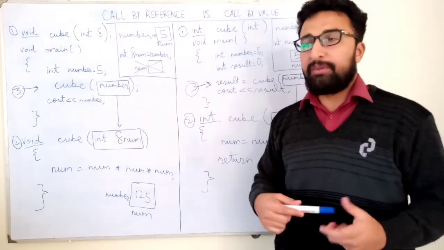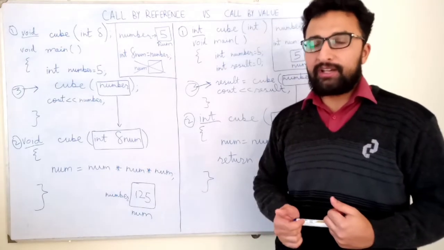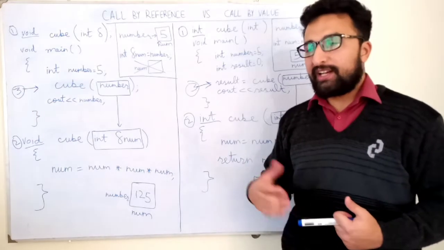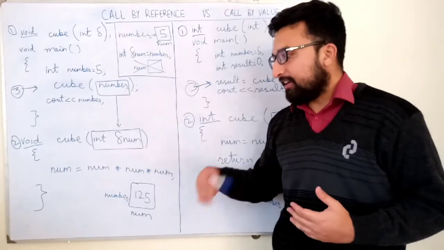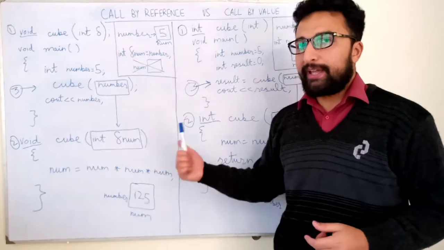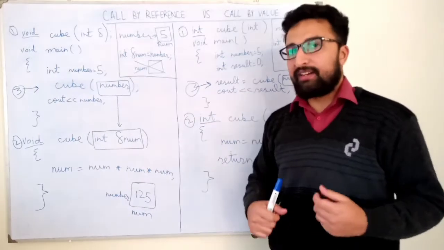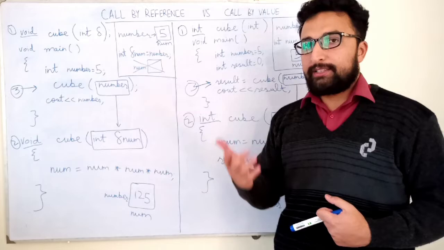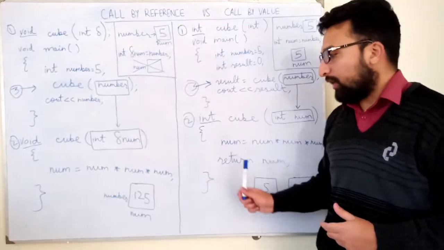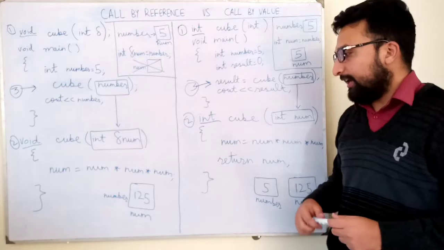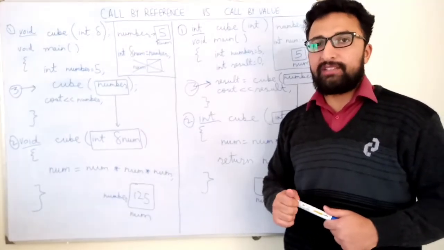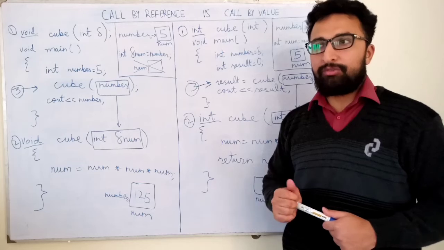So this can be used where we need to return more than one value back to our functions. In a disguise, this is basically returning the cube of the number back. However, there need not be a specific return statement, just like we needed here. We needed to write the return statement here, and we could write only one return statement as far as the things that we have learned so far are concerned.